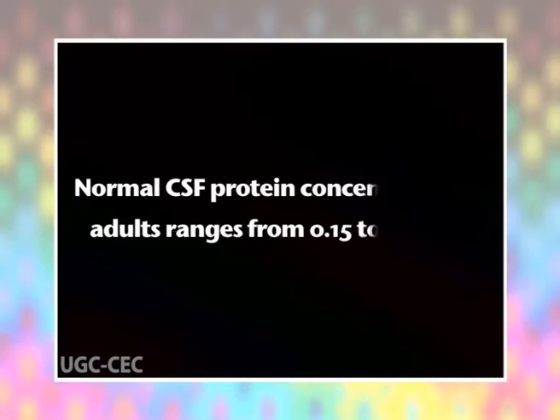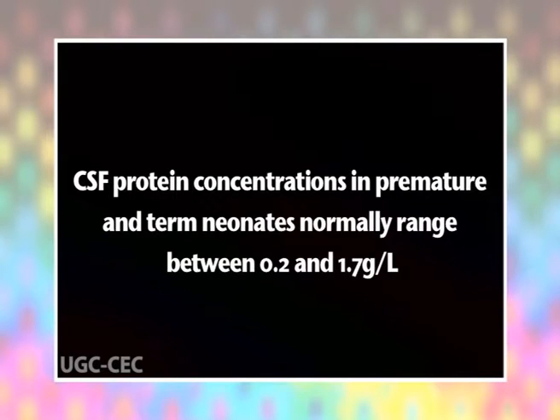The normal CSF protein concentration in adults ranges from 0.15 to 0.45 grams per liter. CSF protein concentrations in premature and term neonates normally range between 0.2 and 1.7 grams per liter. CSF protein can be falsely elevated in the presence of RBCs from the subarachnoid hemorrhage or traumatic lumbar puncture.